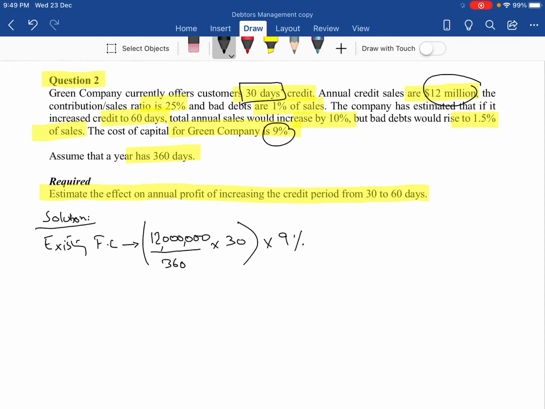So if we use our calculators, 12 million divided by 360 into 30, multiplied by 0.09.